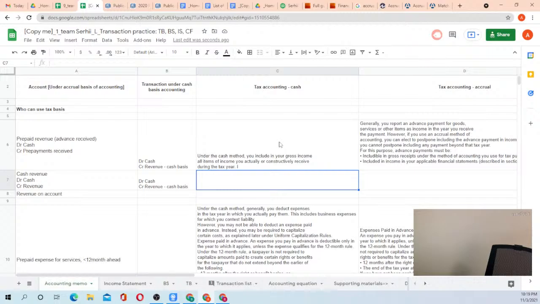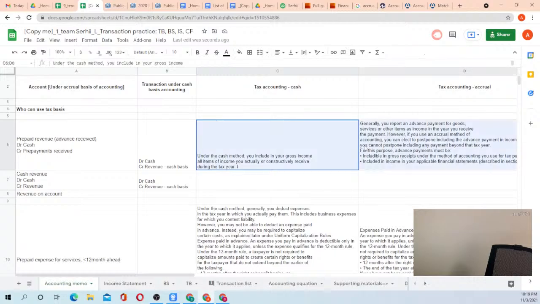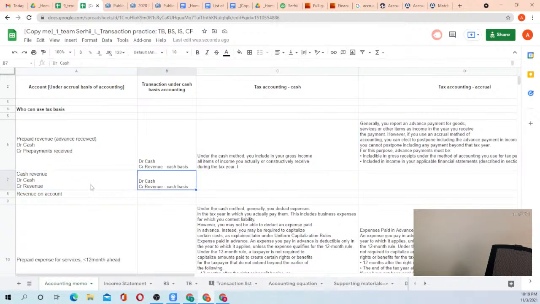There will be no differences in the tax accounting for the cash revenue. So we basically just recognize income. The rule which is applied will be different, but because we get cash at the moment we generate revenue, the result will be the same.